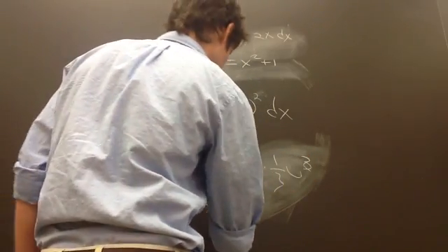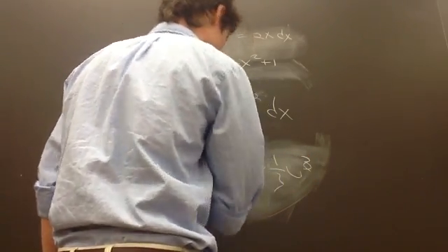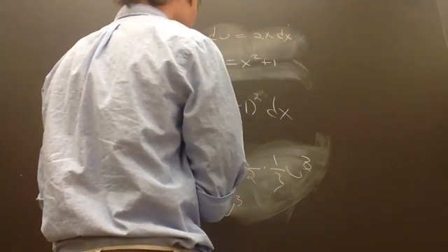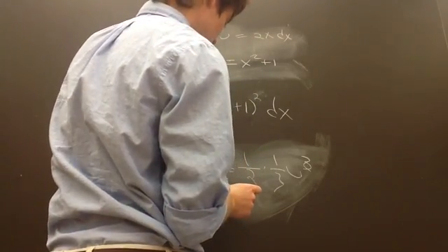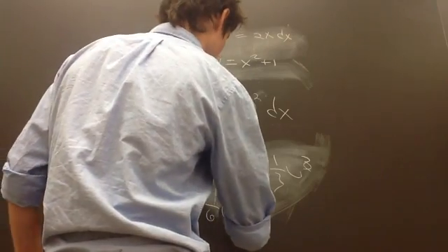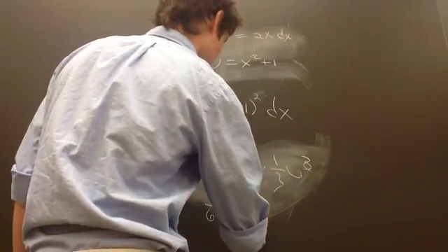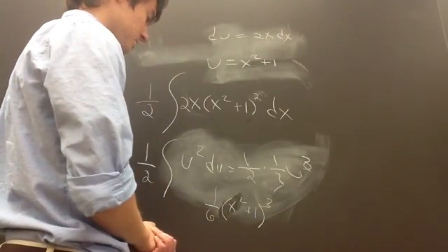So, this is all equal to 1/6 u cubed. Now 1/6 u cubed is just 1/6 (x squared plus 1) cubed. And there you have it.